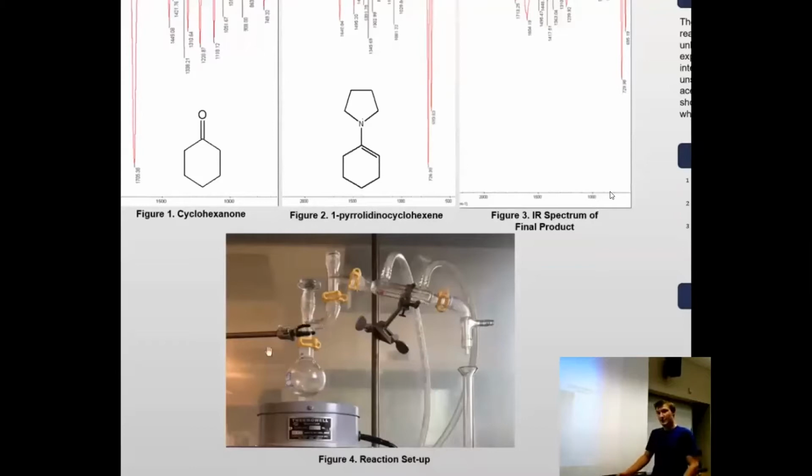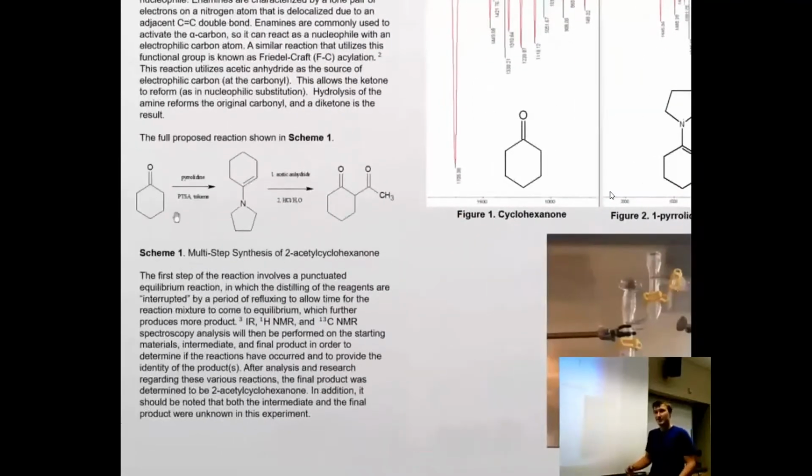And what this does is when you disrupt the distillation, that actually allows time for the reaction mixture to come to equilibrium. And so every time the reaction mixture refluxes, you're actually creating more product.